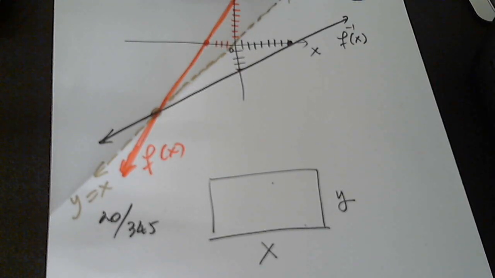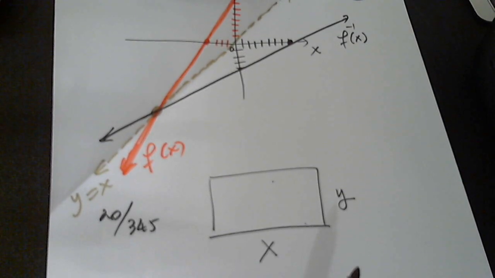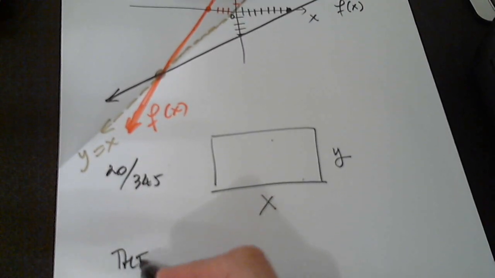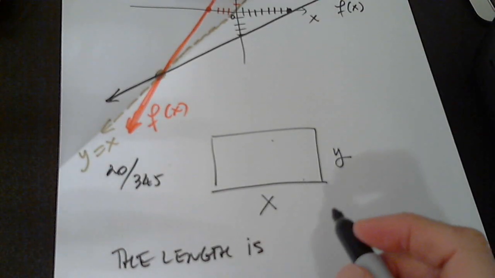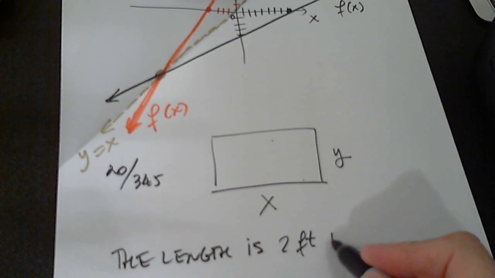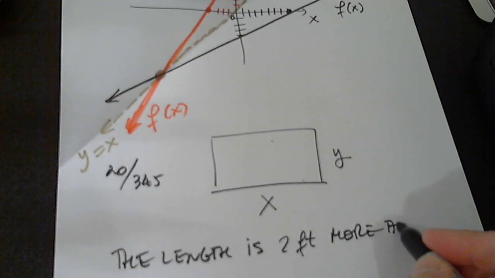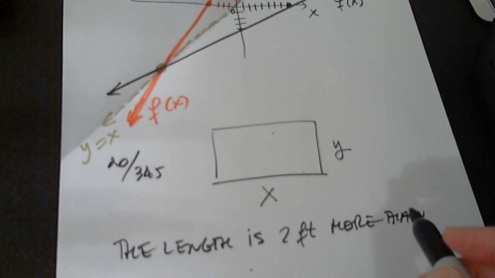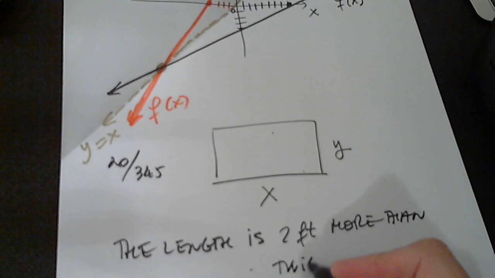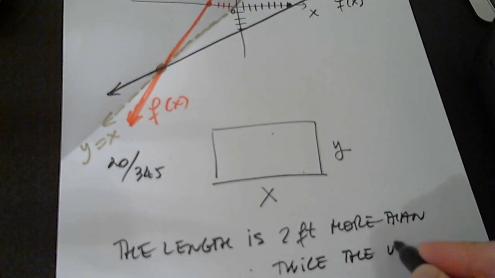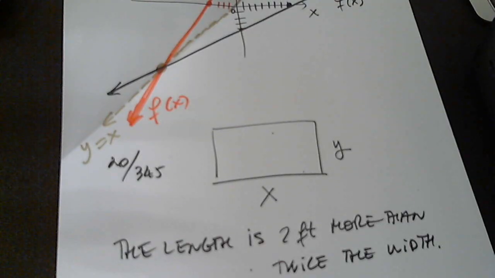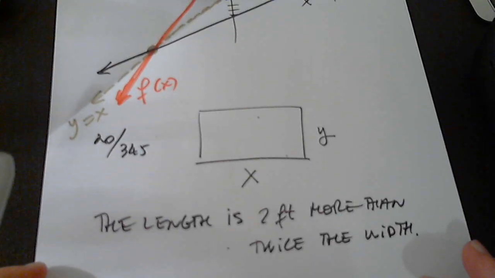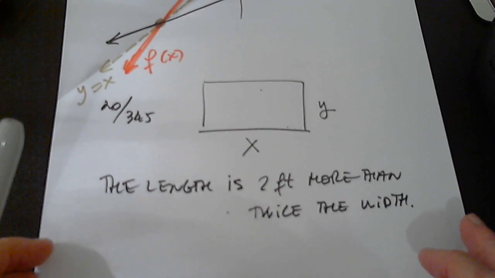So let's read the first sentence one more time. The length is 2 feet more than twice the width. Before we even look at anything else, let's come up with a mathematical expression.